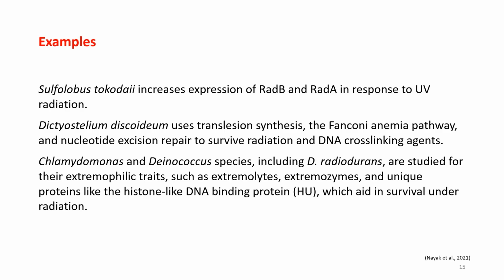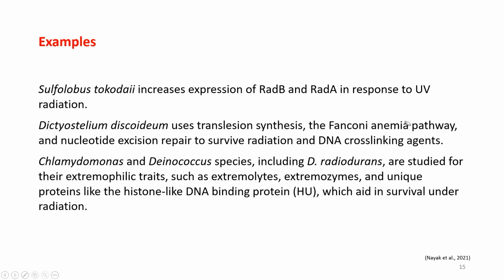So, there are some examples here. Sulfolobus tokodaii increases expression of RadA and RadB in response to UV radiation, which is a survival strategy. Then you have Dictyostelium, which uses translesion synthesis, the Fanconi anemia pathway, and nucleotide excision repair to survive radiation and DNA cross-linking agents.